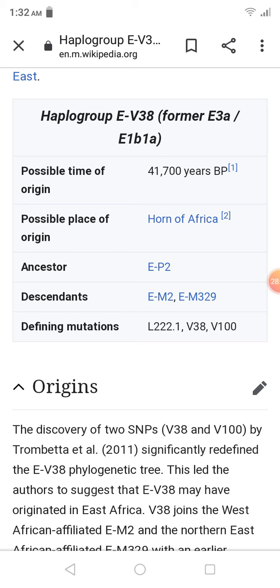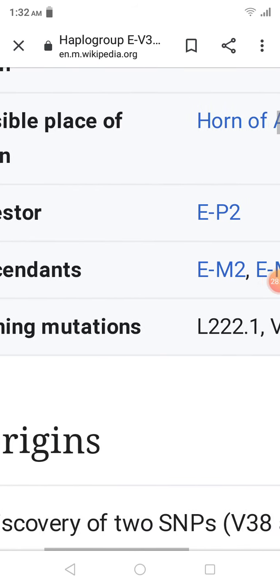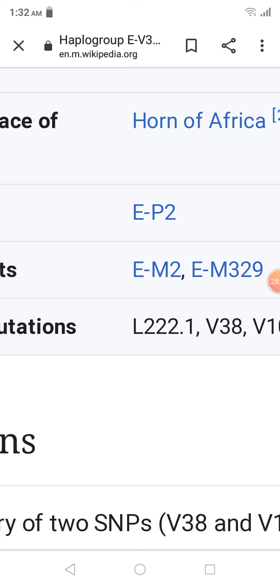This is not me overthinking something. But a while back, you used to Google search E1B1A. It'll just come up E1B1A, and all of a sudden, after a while, you start to get all these defining mutations and the descendants. You have these markers that they use.